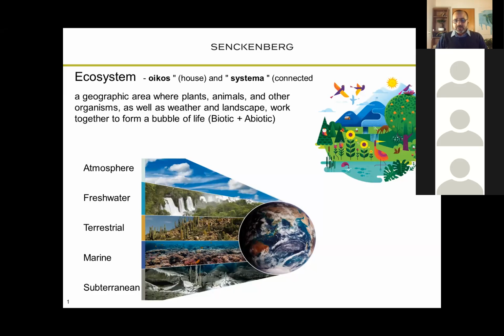At a global scale, we divide ecosystems into five major categories: atmosphere, freshwater, terrestrial, marine, and subterranean. Underground, microbes and many invertebrates grow and survive, and also help maintain the fertility of the soil.